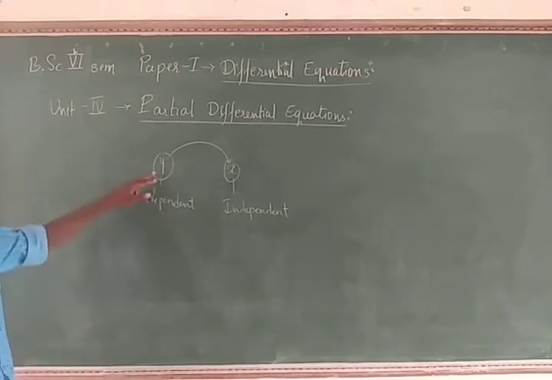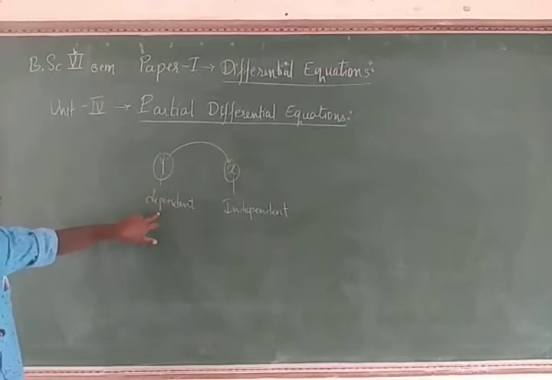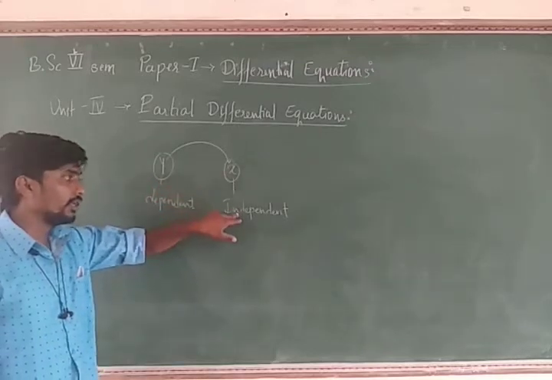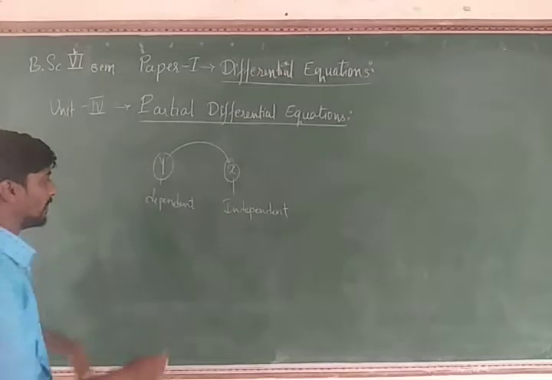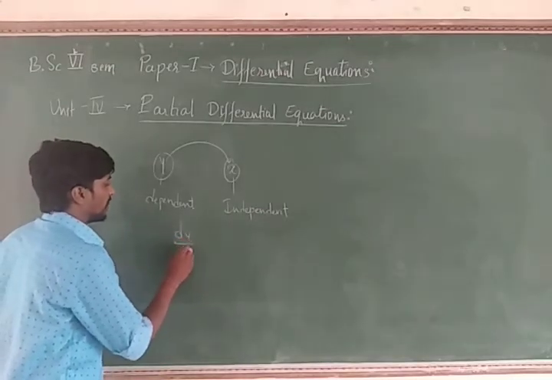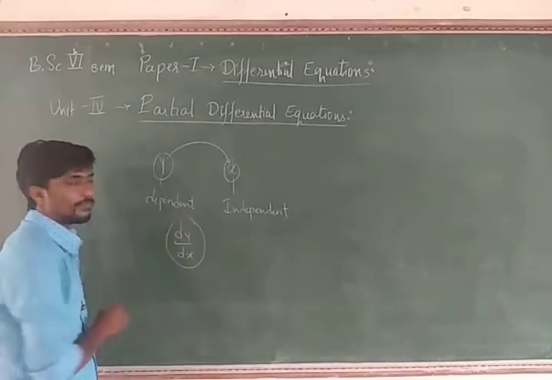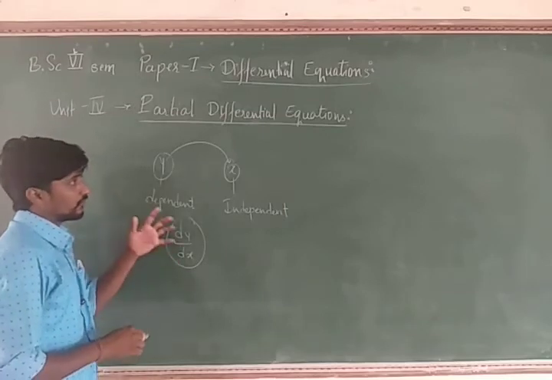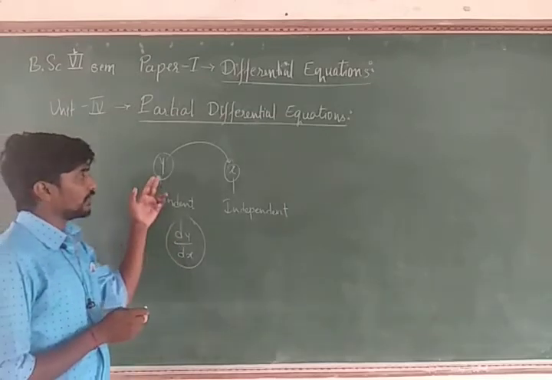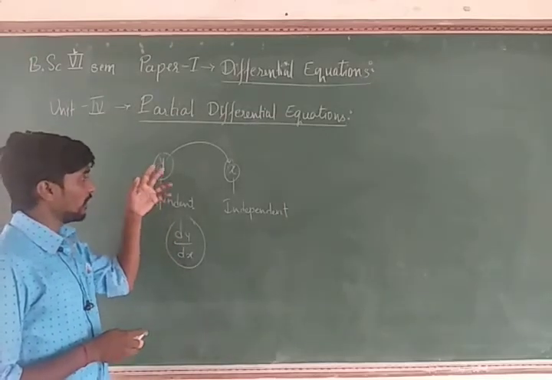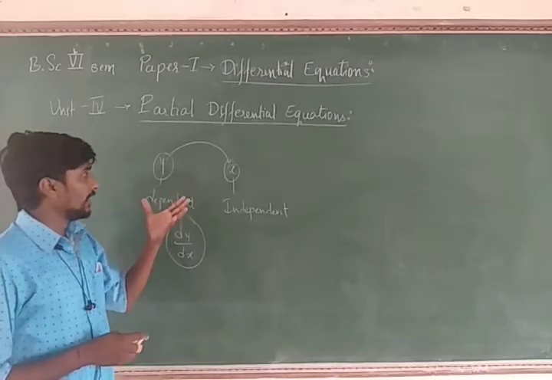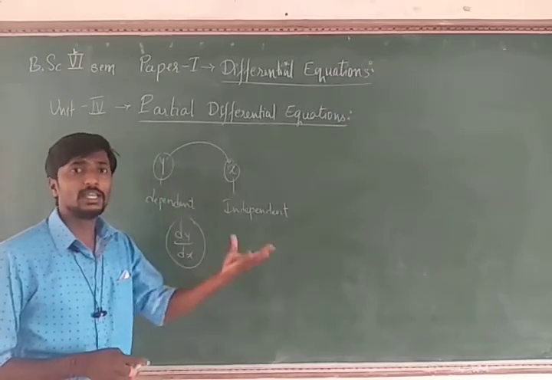And the derivative of y, that is, the derivative of the dependent variable with respect to the independent variable, is denoted by dy by dx. Is that clear? In the case of our usual derivative, it is very easy to differentiate any function.